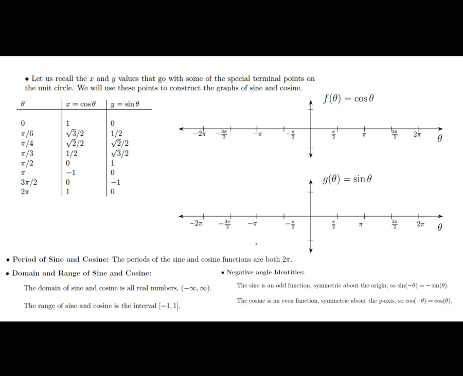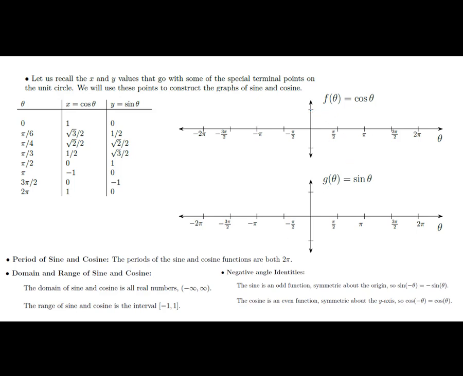Okay, so let's start with cosine. Over here on the table, I've put some values in quadrant 1 that we should have memorized about both sine and cosine, and then I've put a couple others: pi, 3 pi over 2, and 2 pi. So let's start with 0.